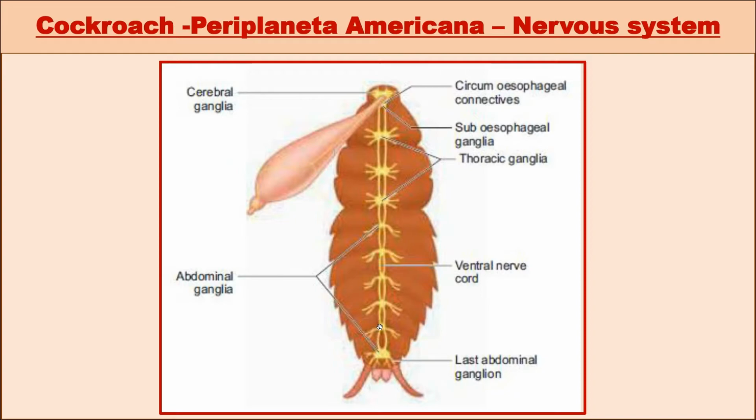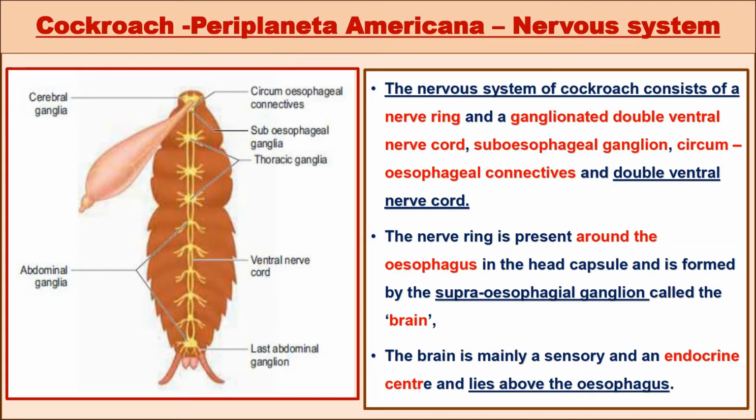Cockroach has sense organs like antenna, compound eye, labrum, maxillary palp, labial palp and the anal cerci. They have the receptor for touch, which is called the thigmoreceptors, and they are located in the antenna, maxillary palp as well as anal cerci.